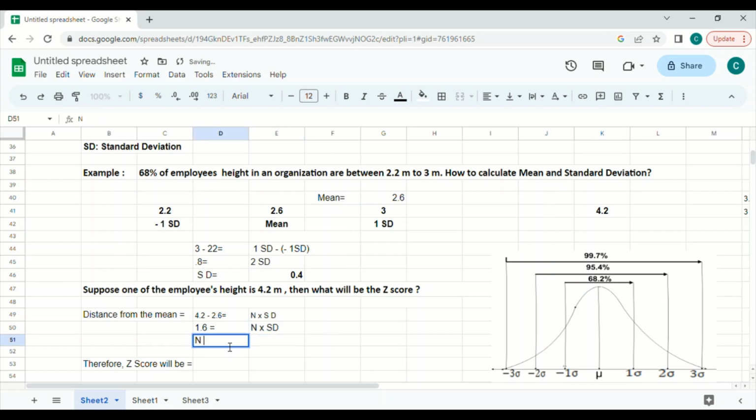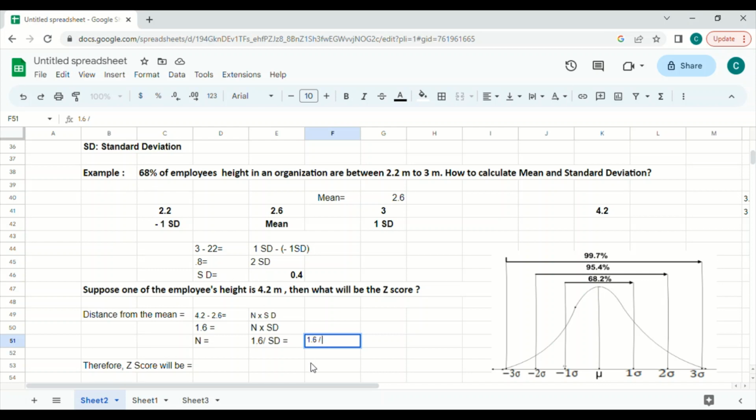Therefore, n will be equal to 1.6 meter divided by the standard deviation, which will be equal to 1.6 divided by the value of standard deviation, which is 0.4, which we have already calculated.